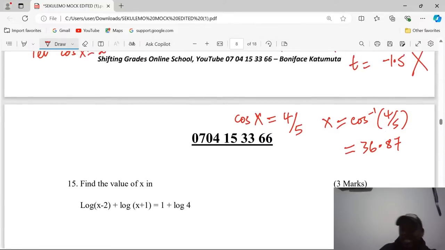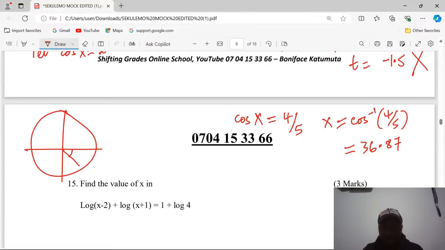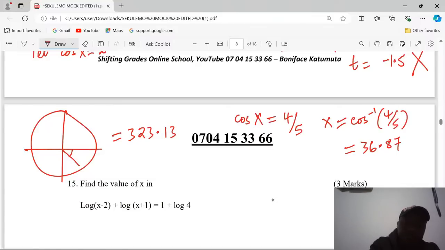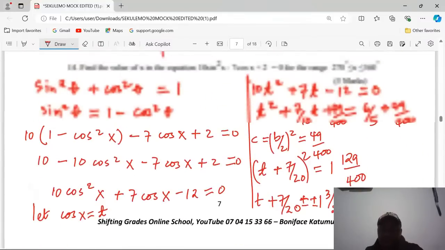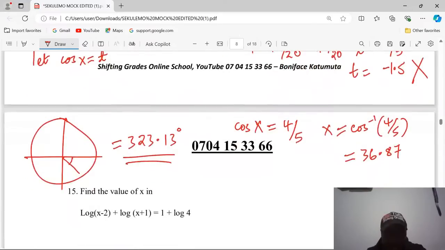Therefore, an angle of 36.87 in the fourth quadrant is going to be, just take 360 and you subtract what we have. 360 minus this value, I'm getting 323.13 degrees. That is the only angle, because the range which has been provided is for such a quadrant only. So that is the angle.